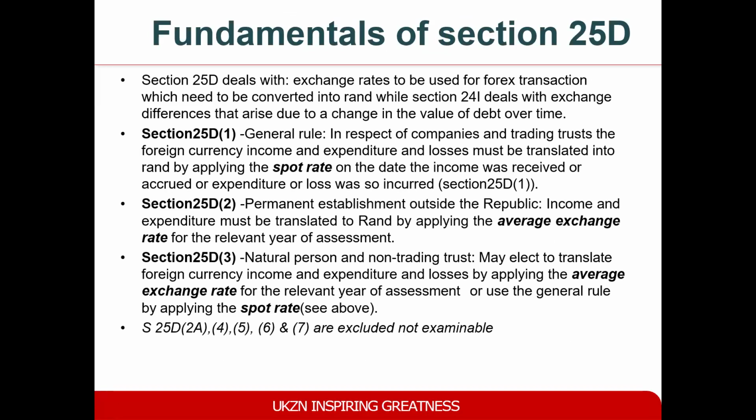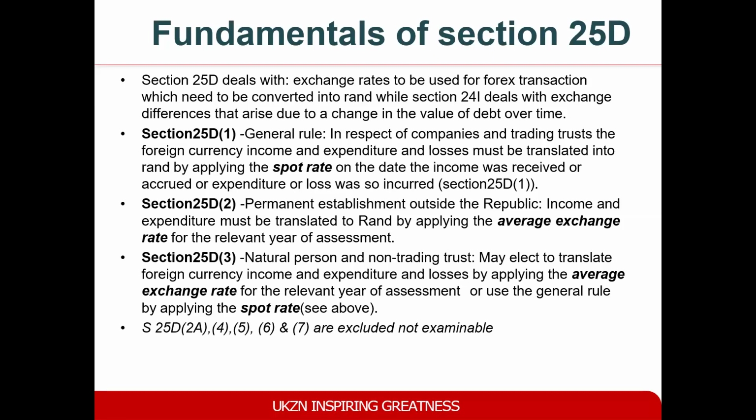Permanent establishment outside the Republic, they may use average. Okay, we are not dealing with permanent establishment outside the Republic. Let's go to 25D capital 3. Natural person and non-trading trust may elect to translate foreign currency income and expenditure and losses by applying the average exchange rate for the relevant year of assessment or use the general rule.